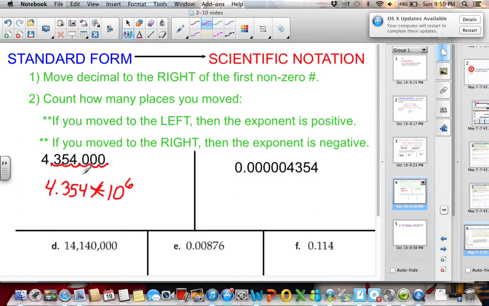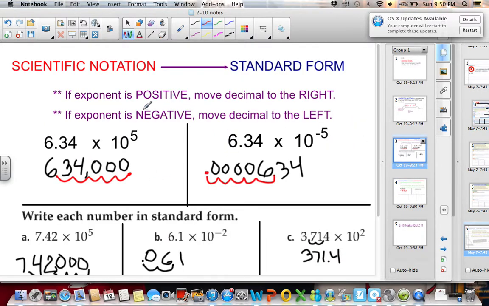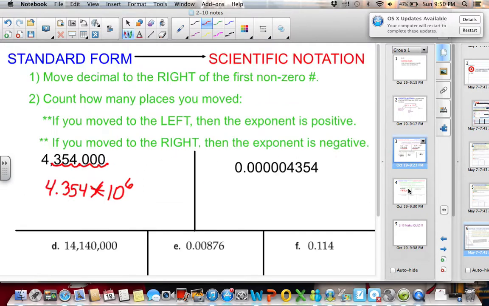You'll add the 3 zeros and you end up with that. So this is where it's a little bit opposite in your head, because we're moving to the left, but our exponent is going to be positive. Remember back here, if it's positive, we're moving to the right. So it's backwards here.